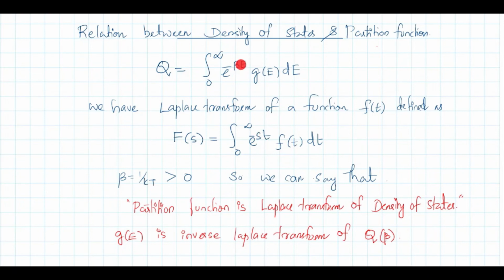So in this case, beta is greater than 0. We already know that beta is 1 by kT, and that is positive. So we can safely say that this q is the Laplace transform of the density of states. So the density of states g of e is the inverse Laplace transform of the partition function q of beta.